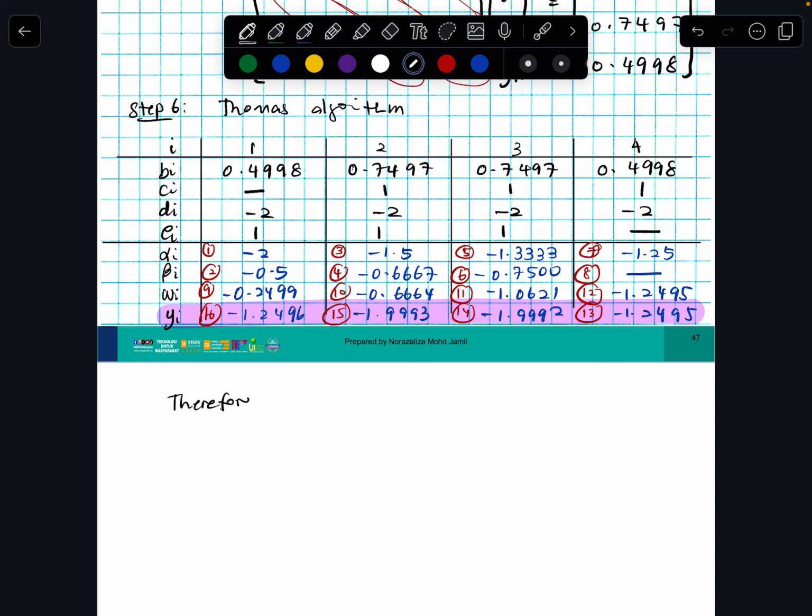Therefore you can list down your Y1, Y2, Y3, and Y4. That is the end of the solution by using finite difference method.